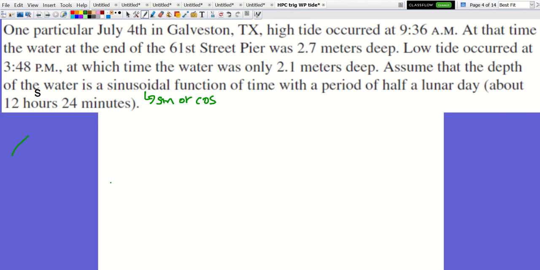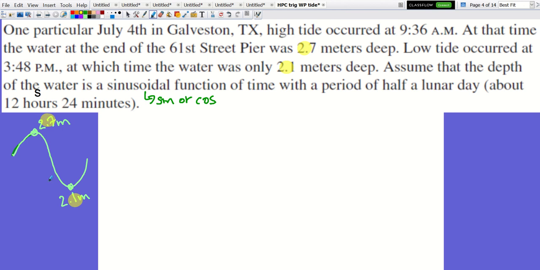We're going to represent this using a wave that looks like this, and at the top is 2.7 meters. At the bottom is 2.1 meters, from the information that was given here and here.